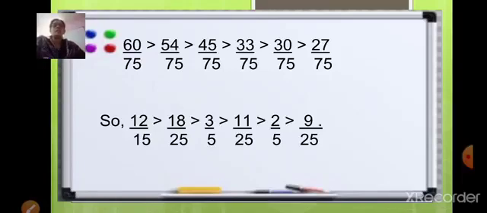So 60 upon 75, which means 12 upon 15, is greater than 18 upon 25, is greater than 3 upon 5. 3 upon 5 is greater than 11 upon 25, and 11 upon 25 is greater than 2 upon 5, and 2 upon 5 is greater than 9 upon 25. Okay. So do it very carefully, children.